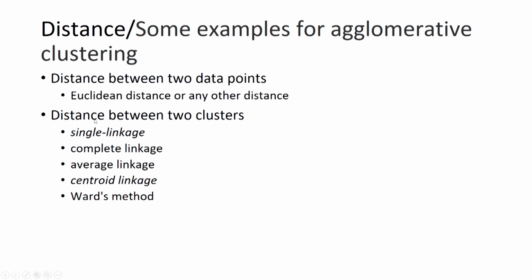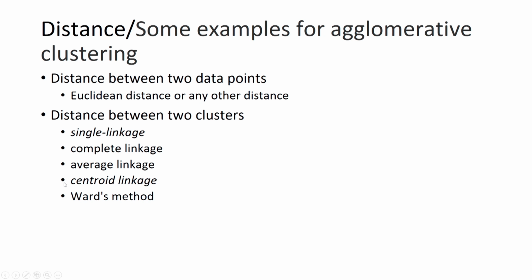Then when we have formed some clusters in which there is more than one data point, in the next steps we are again finding the two closest clusters. So, how will we get the distance between two clusters so that we can find the two closest clusters?